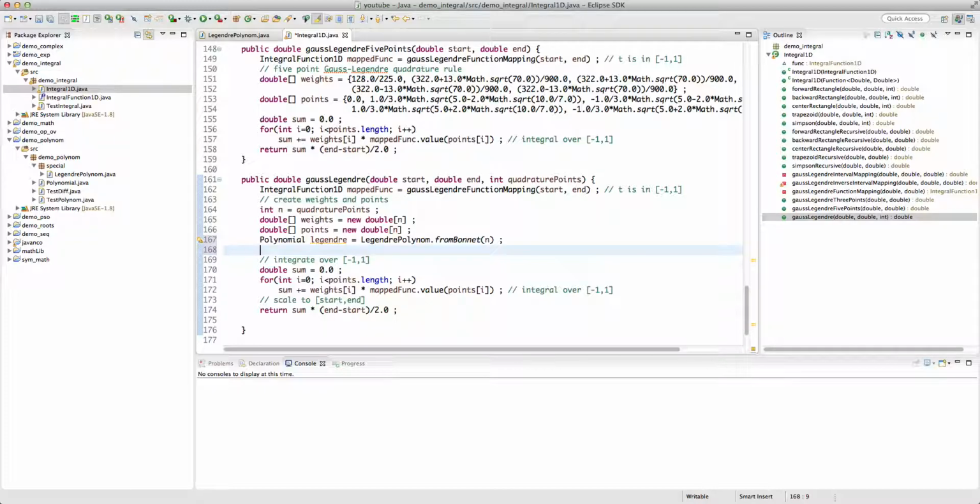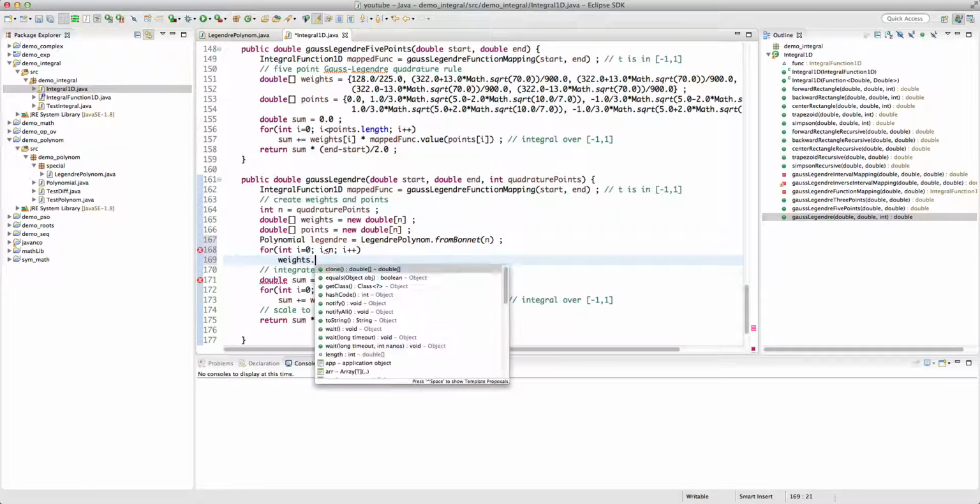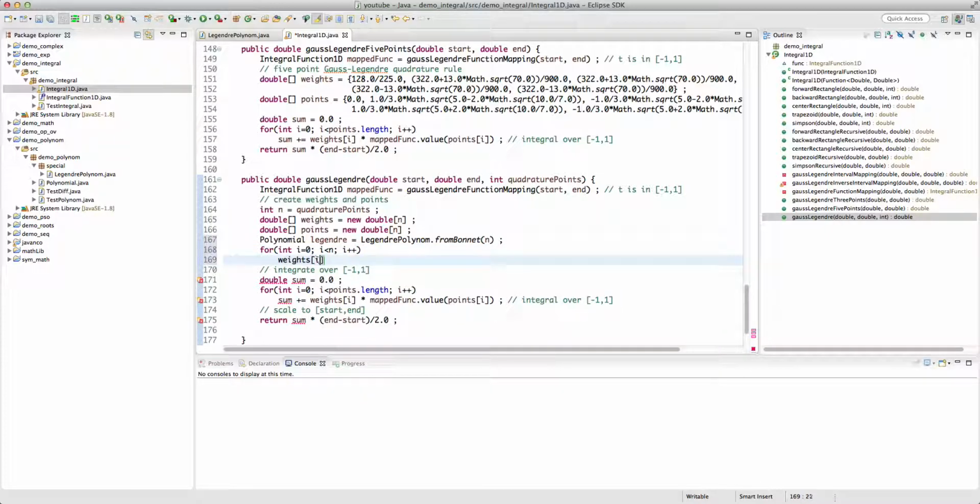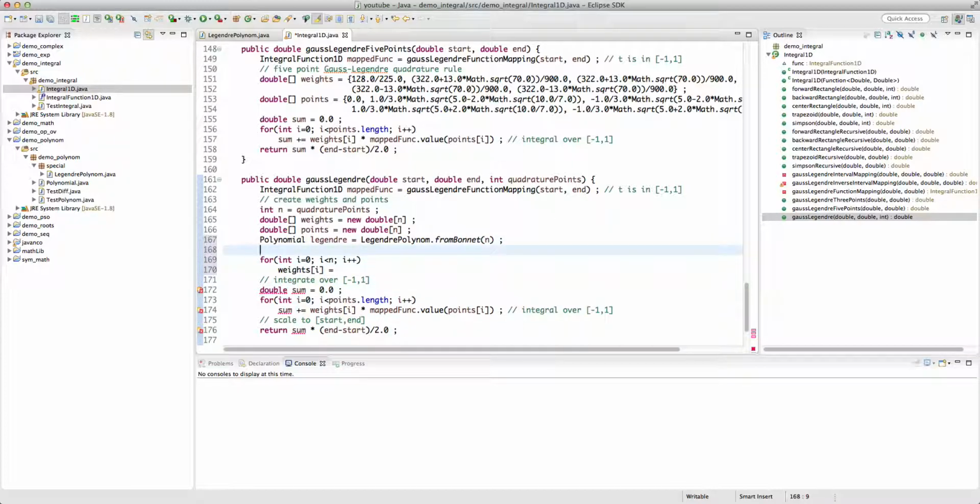and the weights. So for int i equals 0, i less than weights dot length, or it's just n, right, i plus plus, weights i equals what? So what we need to make sure of here is to normalize it.